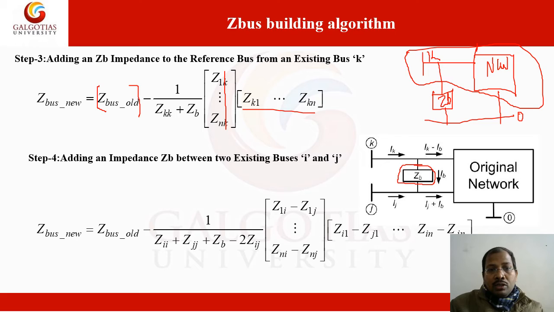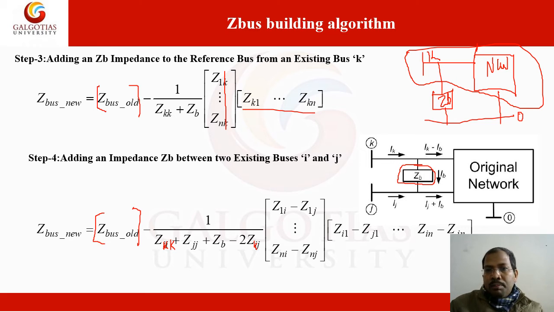So here Z bus new we are getting: this is the Z bus old minus 1 by ZII. This is the II, nothing but this is the KK, and this one is ZJJ and ZKJ.